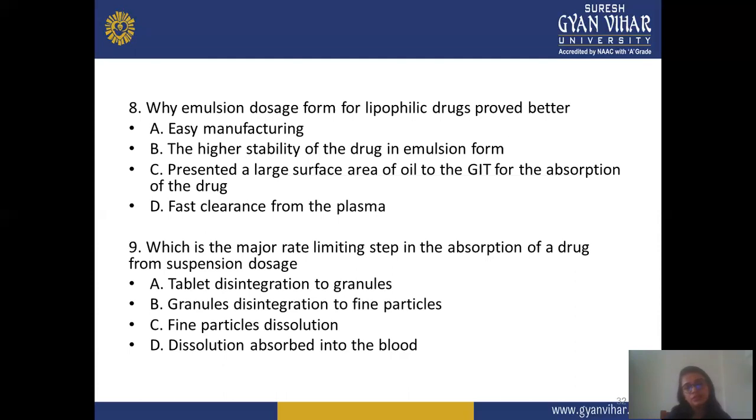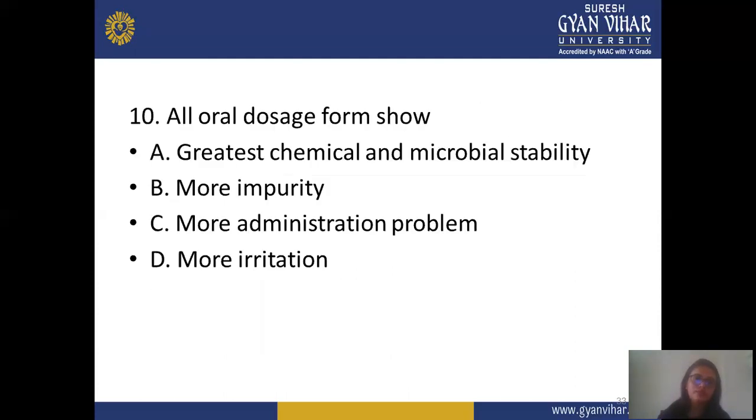Then fine particles go into dissolution, and from dissolution the drug goes into the blood for absorption. Out of A, B, C, D, select the correct option for absorption of the drug in suspension form, regarding this ninth question.